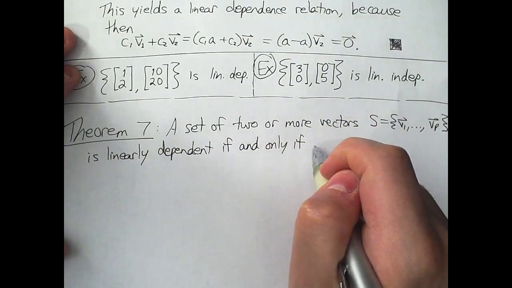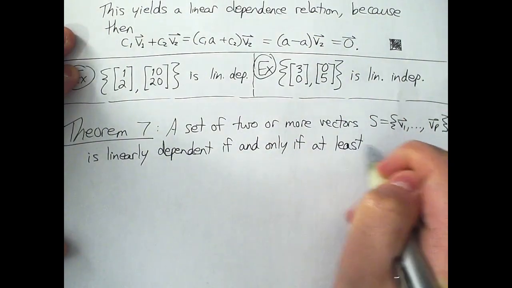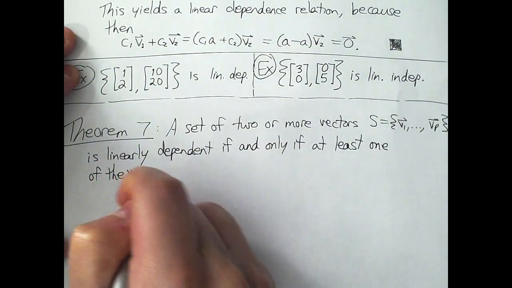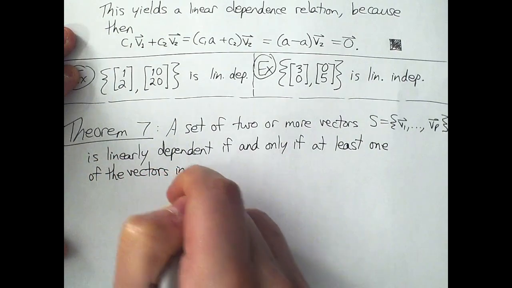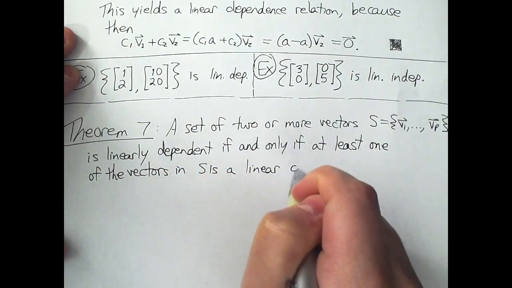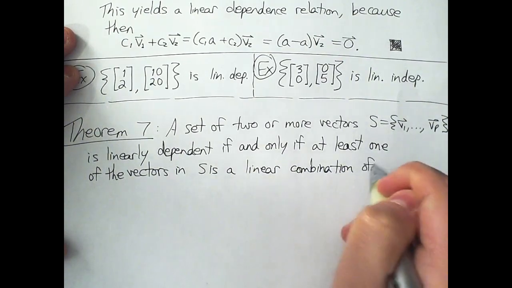Okay, if and only if at least one of the vectors in S is a linear combination of the others.